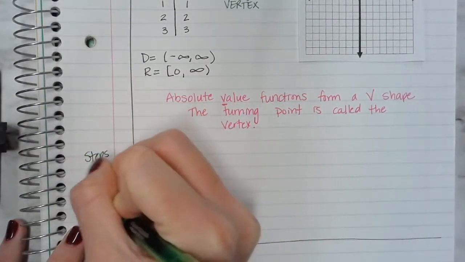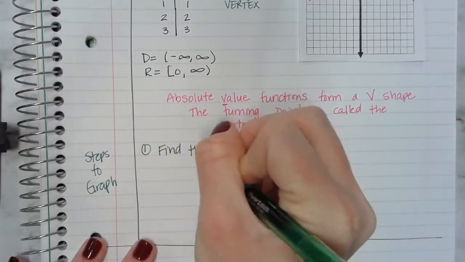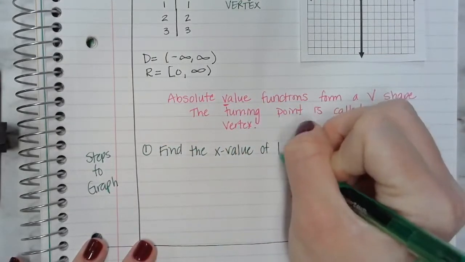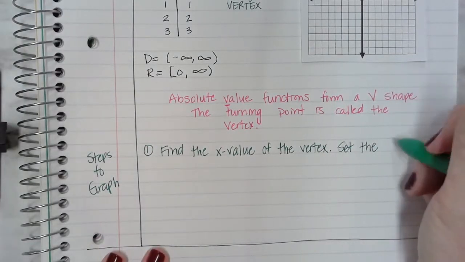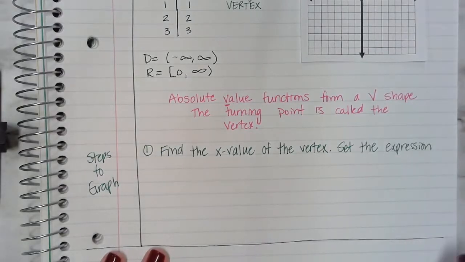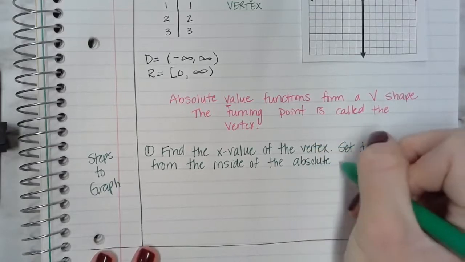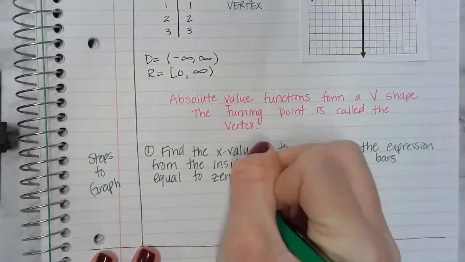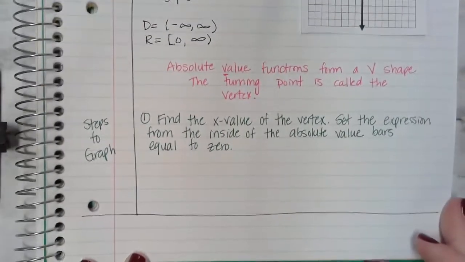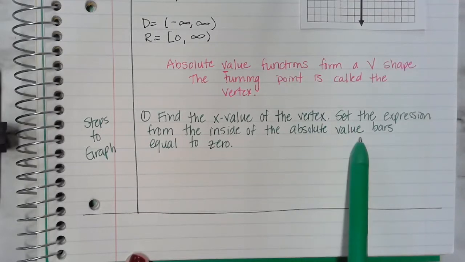So steps to graph. So step 1, you're going to find the x value of the vertex. In order to do that, you're going to set the expression from the inside of the absolute value bars equal to 0.